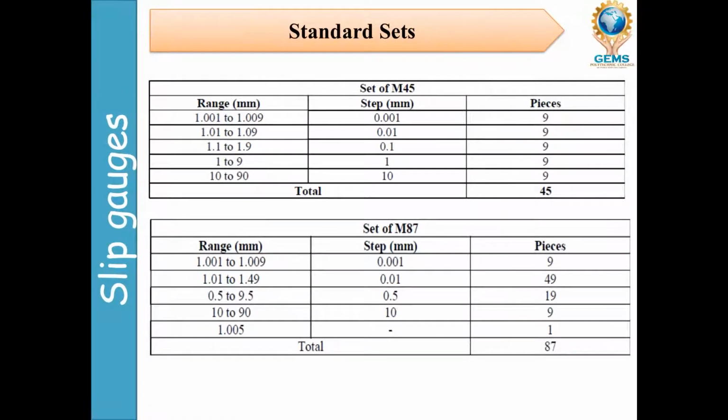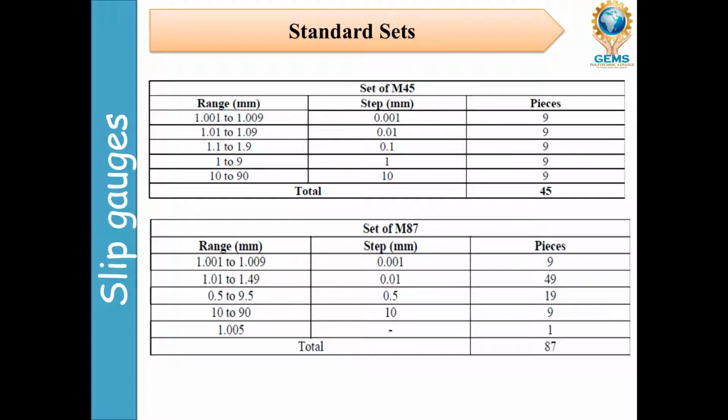These are the sets available for slip gauges: set of M45 and set of M87. In the M45 set, the range 1.001 to 1.009 has 9 pieces. Then 1.01 to 1.09, the step is 0.01, has 9 pieces. 1.1 to 1.9, the difference is 0.1, has 9 pieces.